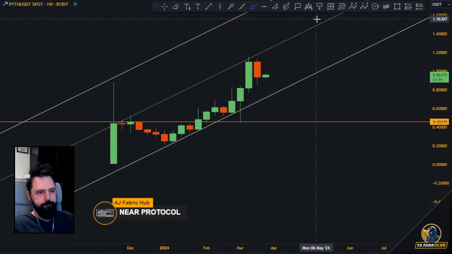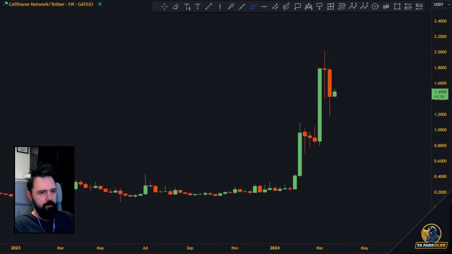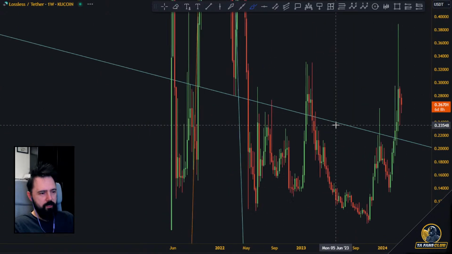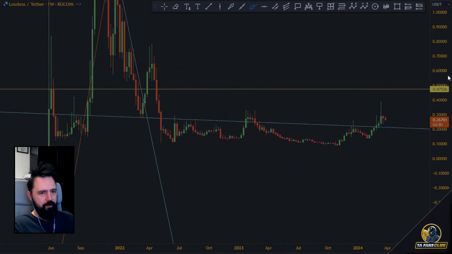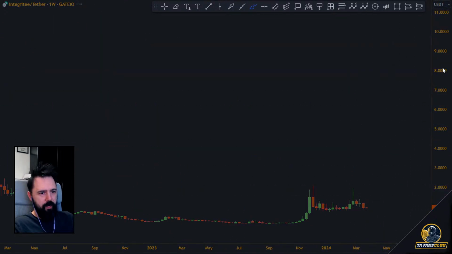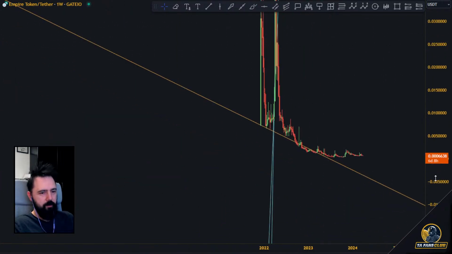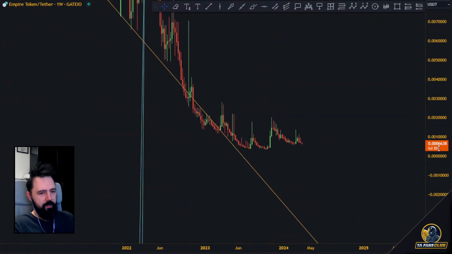Near Protocol. Near is actually doing well now. Let me just look a little bit more at the list up here. Low cap altcoins. What do I have here? Sell. This actually pumped. LSS. What is this? I don't know. Tier. Empire. How is Empire doing? Empire is just bleeding forever. Empire is bleeding and bleeding and bleeding.